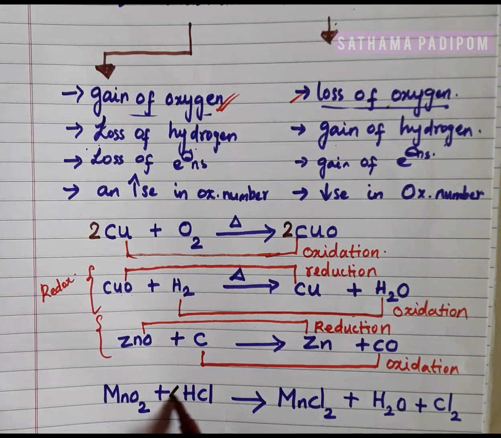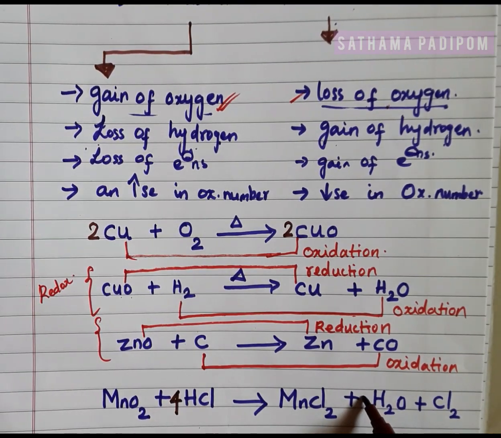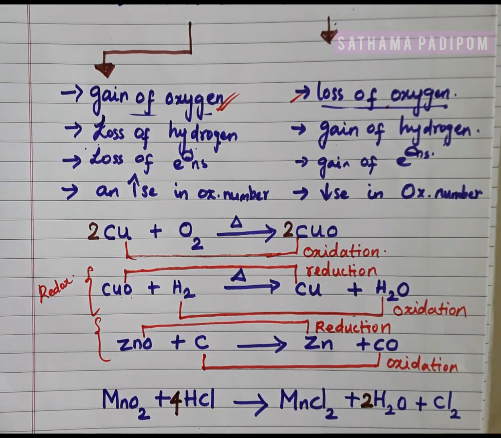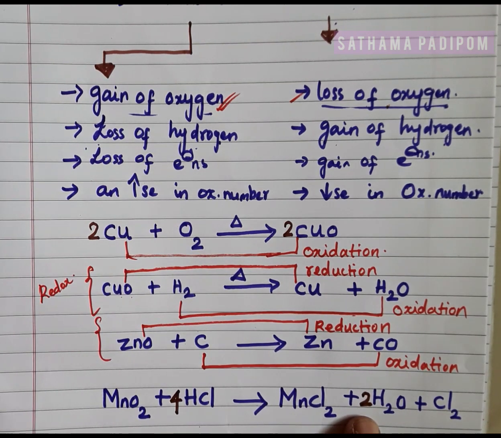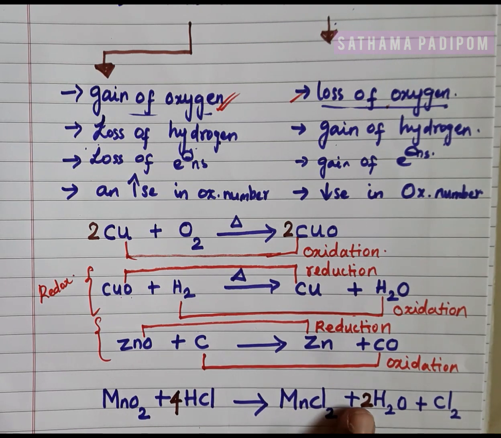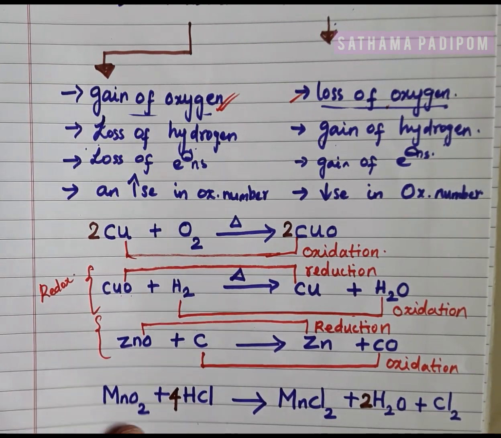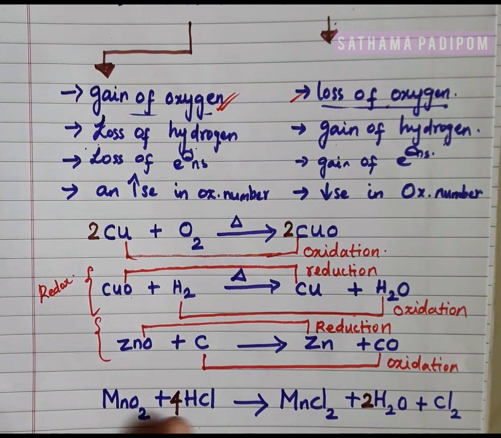So when you add 4 here and 2 there, look at the equation now, whether it is balanced or not. 4 hydrogen, 2 oxygen, 1 manganese, and chlorine is 4 here, 4 there. So the equation is balanced. Okay, now we'll come to the point.